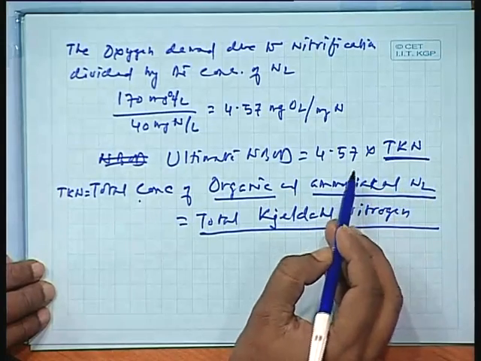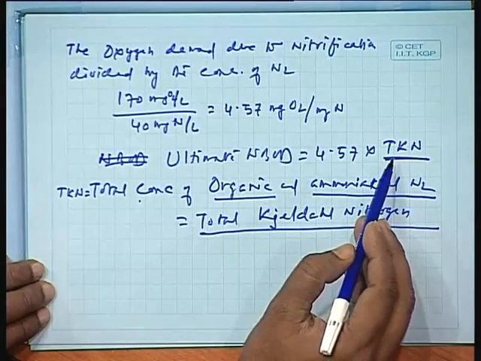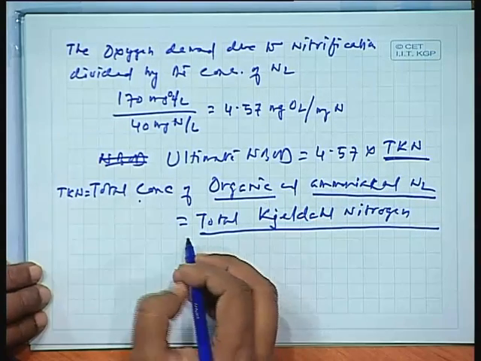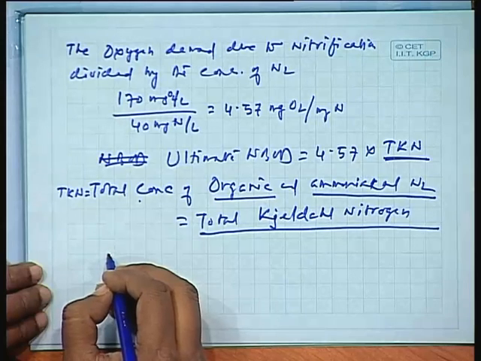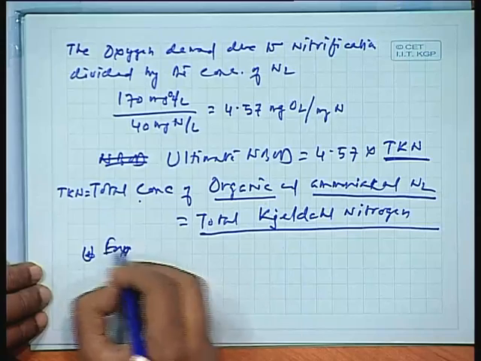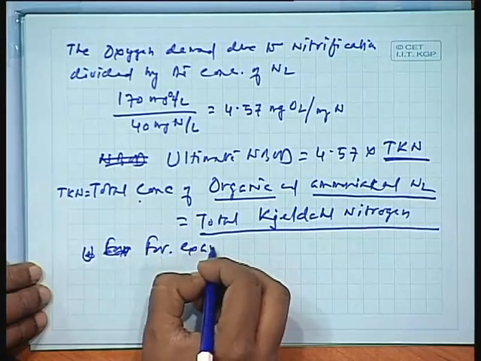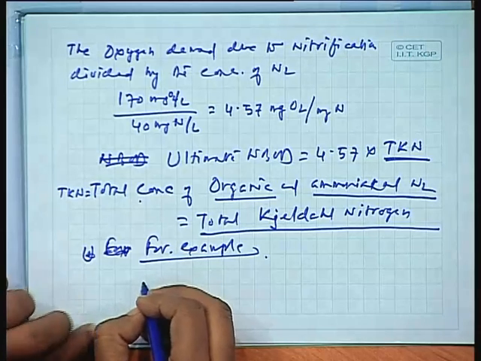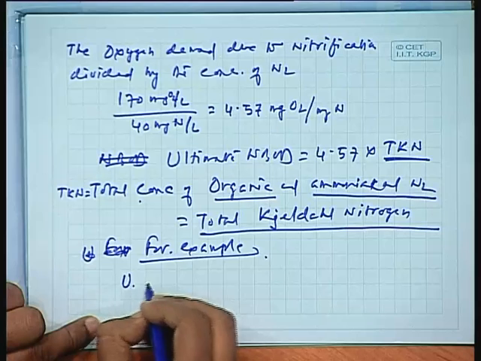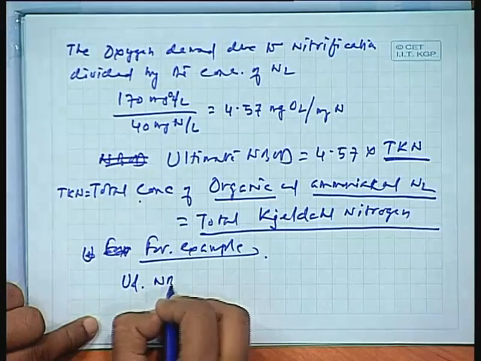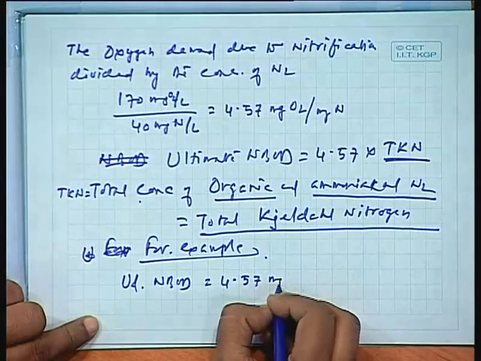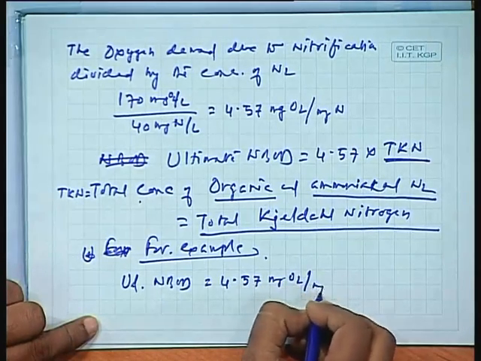For every milligram per liter of organic nitrogen, for example, the ultimate NBOD is 4.57 milligram of O2 per milligram of nitrogen.